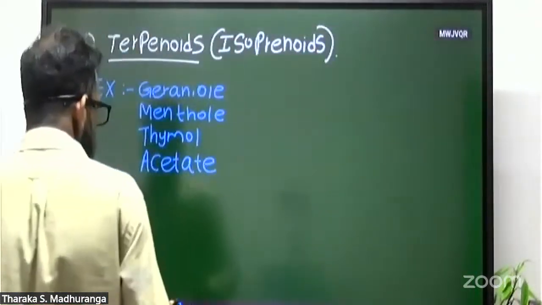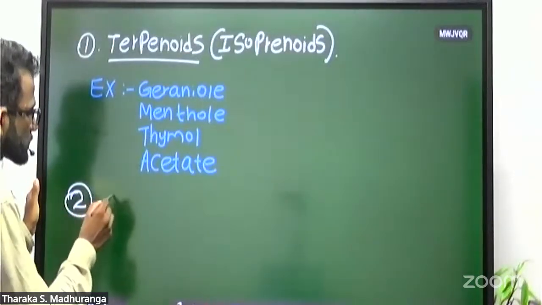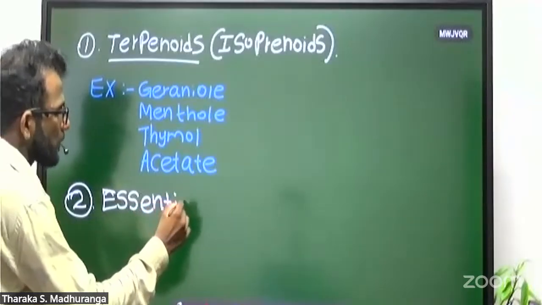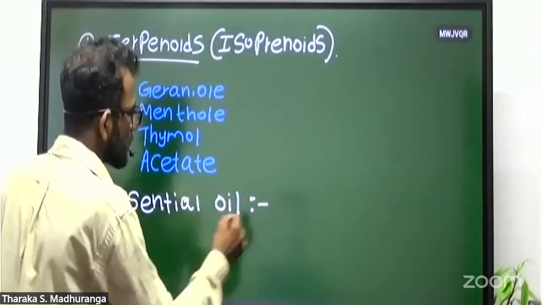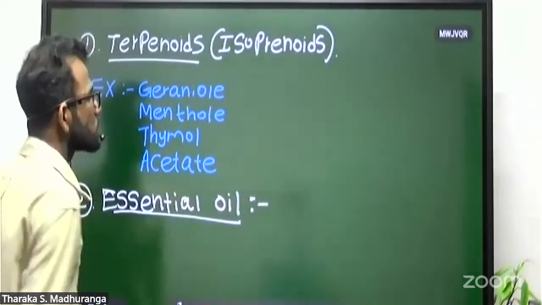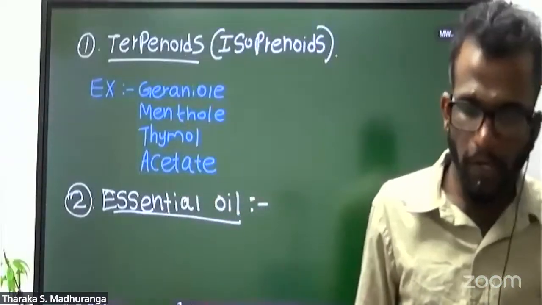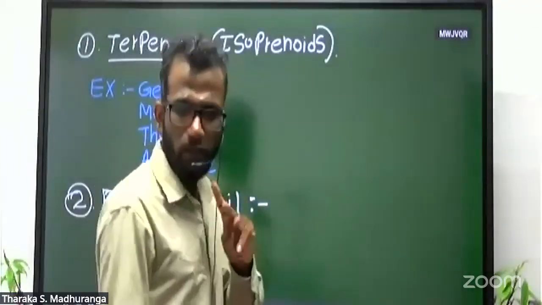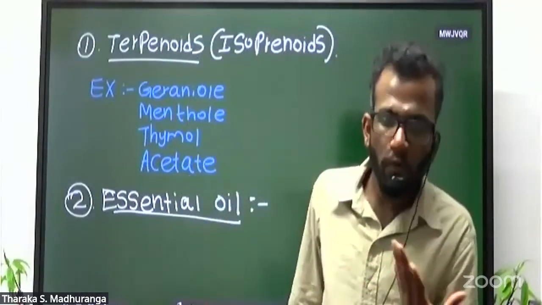Our next secondary metabolite type is essential oil. That's also a main type of secondary metabolite, because they have two very important factors. That's a type of oil, no?